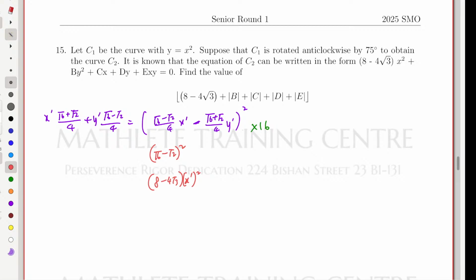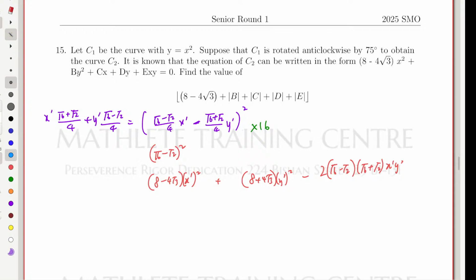Then the one for y prime will be basically the same thing, 8 plus 4 square root 3 of y prime squared. Then the xy term is going to be minus 2 times square root 6 minus square root 2 times square root 6 plus square root 2 of x prime y prime.